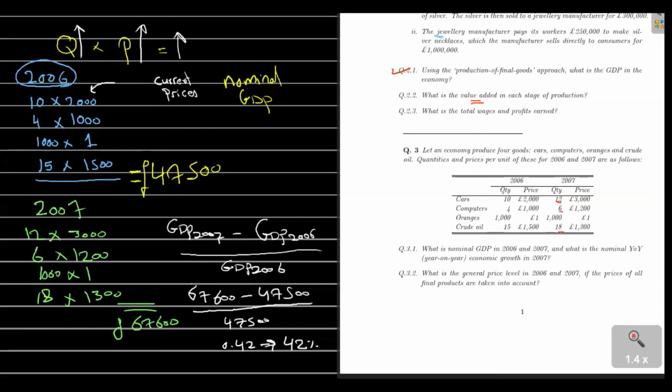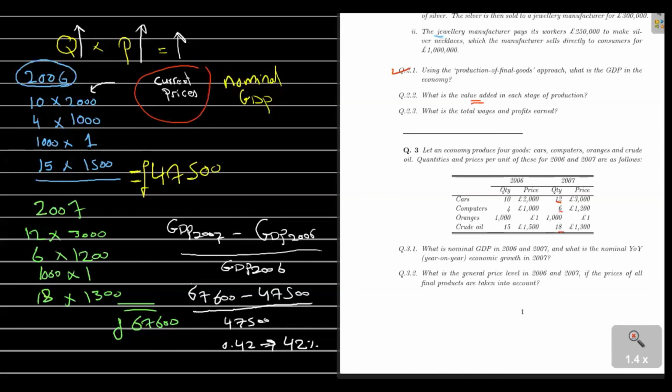In this case, we calculate real GDP instead of nominal GDP. With nominal GDP, remember, we need to use current prices. So in 2006, I used the quantities of 2006 and the prices of 2006.